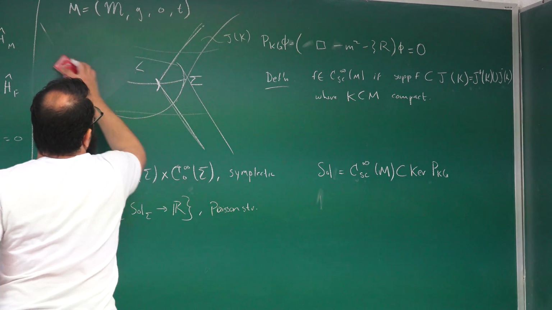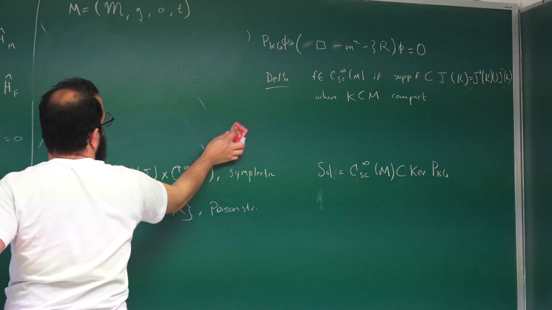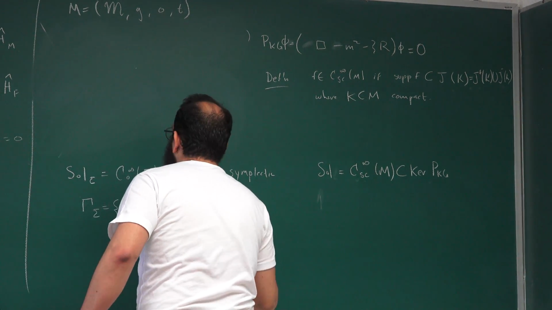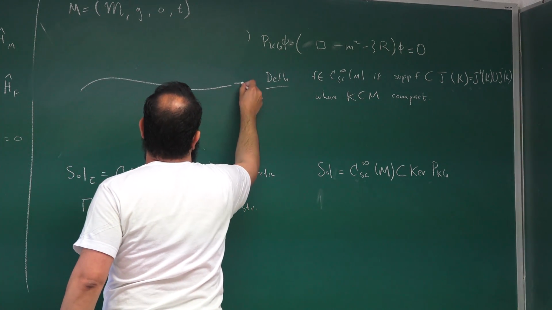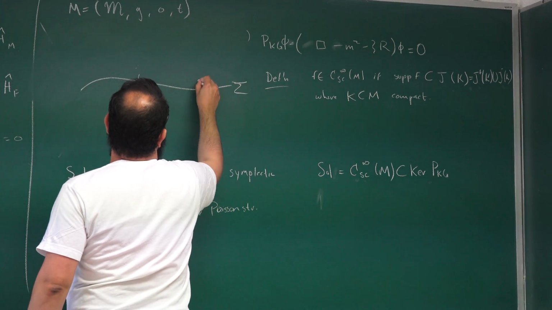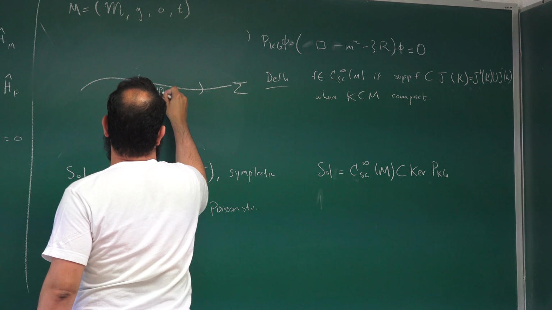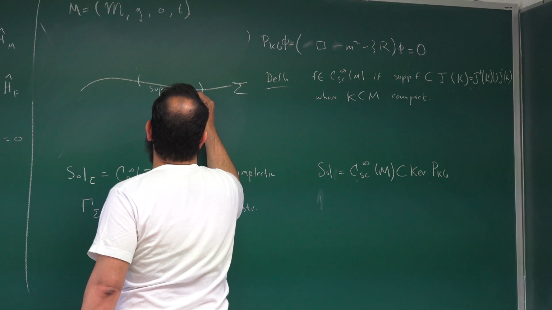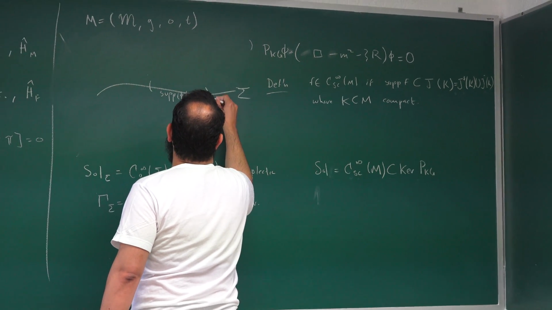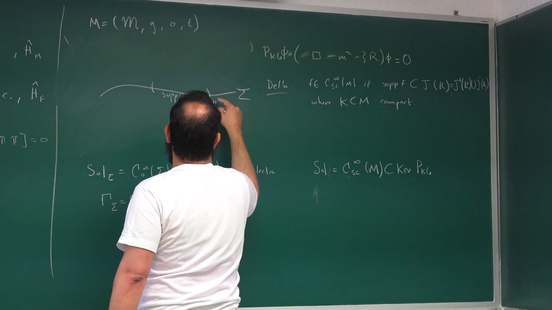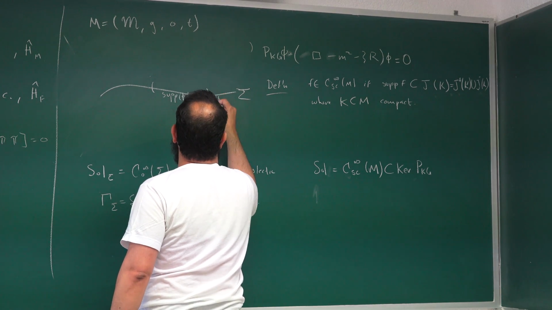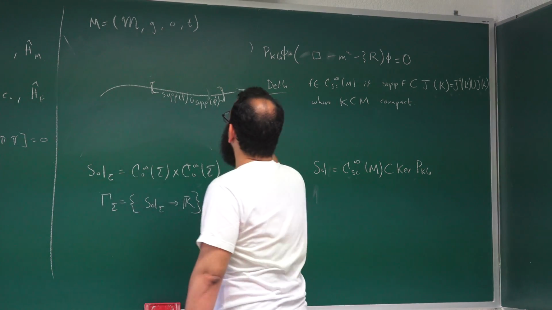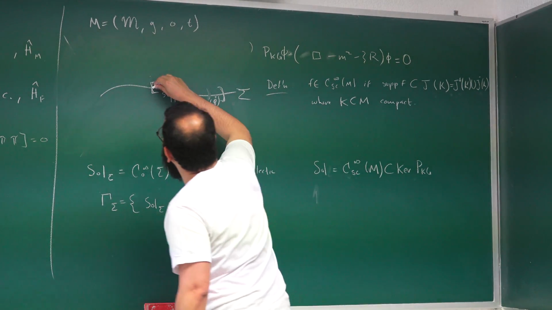Let's try not to make it so confusing. I have sigma. I have the support of initial data here, phi and phi dot, on a surface.